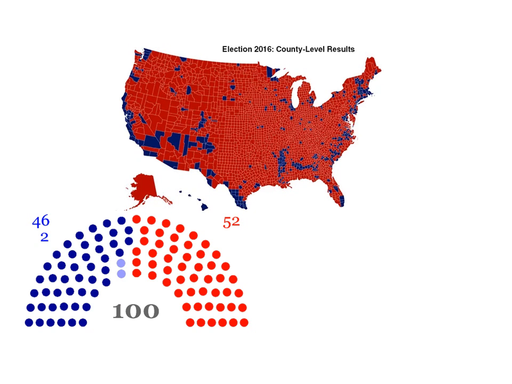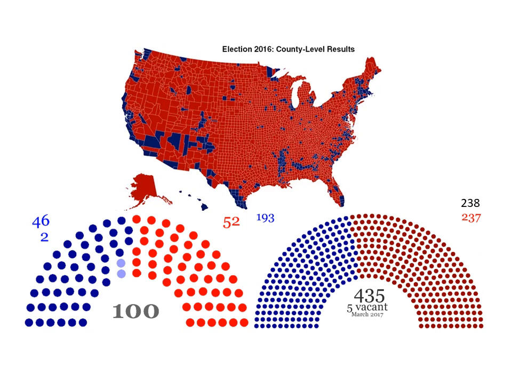So the map produced 46 Democratic senators, 2 independents who generally vote with the blue side, and 52 Republican senators. In the House of Representatives there are 193 Democrats and 237, or just recently 238, Republicans.